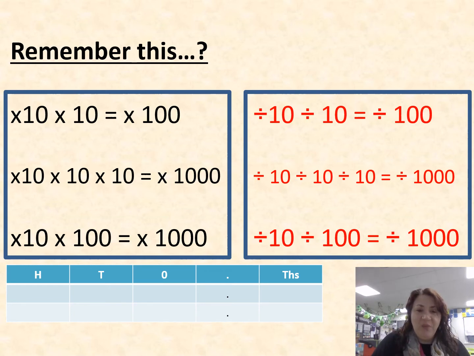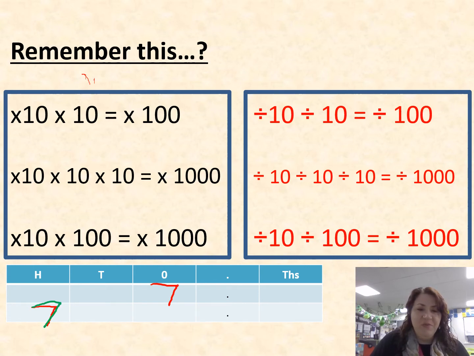So just remember on your place value chart, to multiply by 10, you move it one place. To multiply by 100, you move it two places. But that's also the same as multiplying by 10 and then multiplying by 10 again.